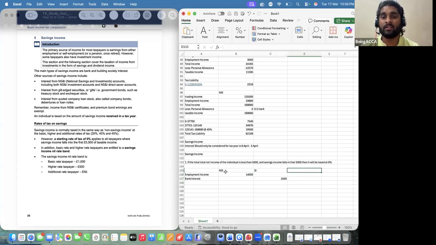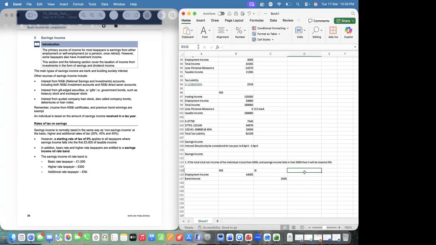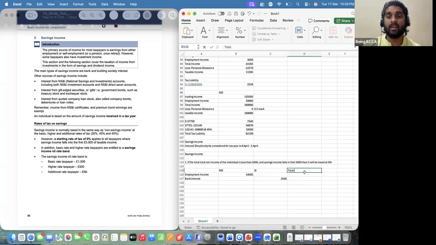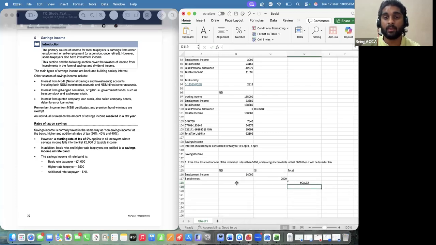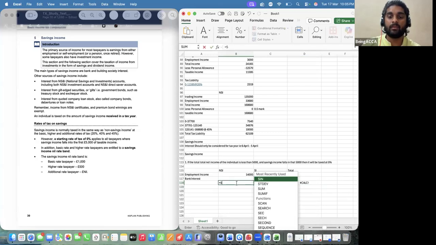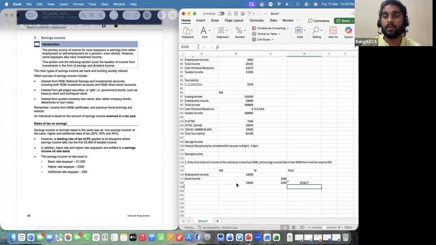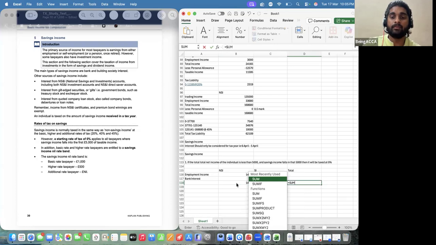This is how you consider non-savings income and savings income. We get our total income, correct? Yes, sir. So total is equal to the sum of these, 17,000, since we have only one of each, let's keep it simple.